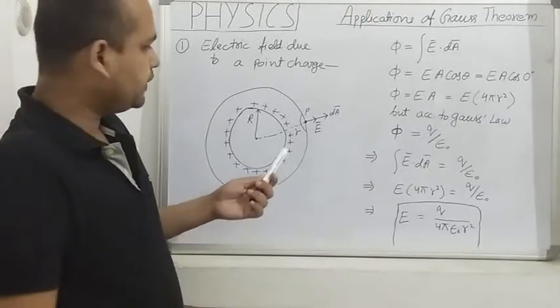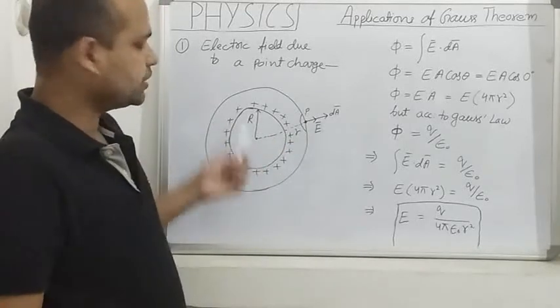How will we find the electric field at the point P due to this uniformly charged spherical shell?